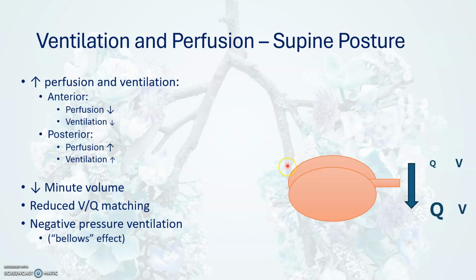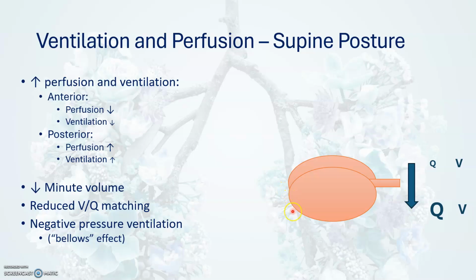Remember, ventilation is greatest at the lung bases and least at the apices, and that relationship remains more or less in the supine position, although ventilation is somewhat hindered because of the weight of the abdominal organs on the diaphragm. So the diaphragm is not going to be moving as easily as in the upright position. But there's still a slight increase in ventilation from the apex to the base.